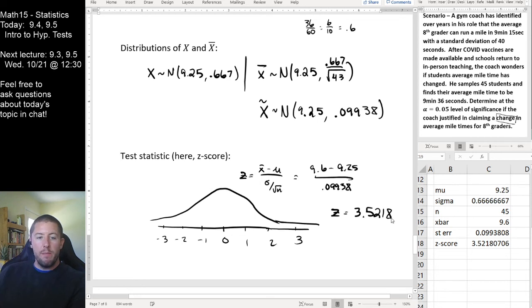This is a pretty extreme result if the null hypothesis were true. If the null hypothesis is true, then the sample that we just collected is a little more than 3.5 standard deviations away from average. That's pretty extreme out here. So this is our z value, and our p-value is just this little shaded region out here.